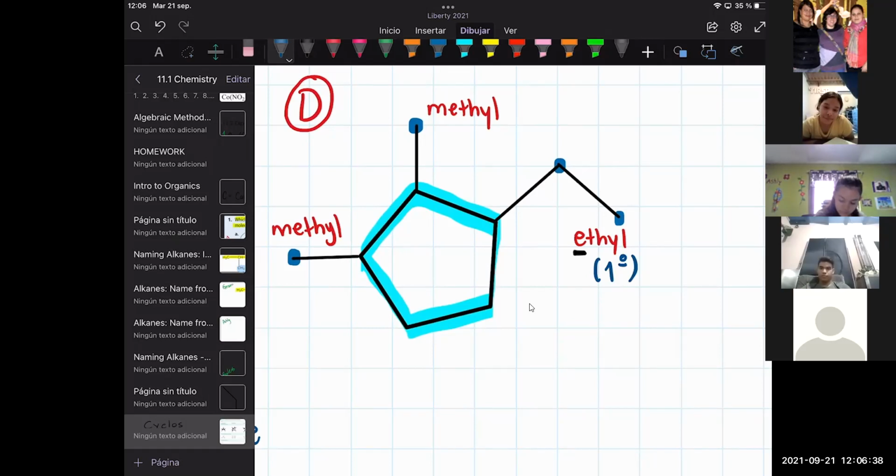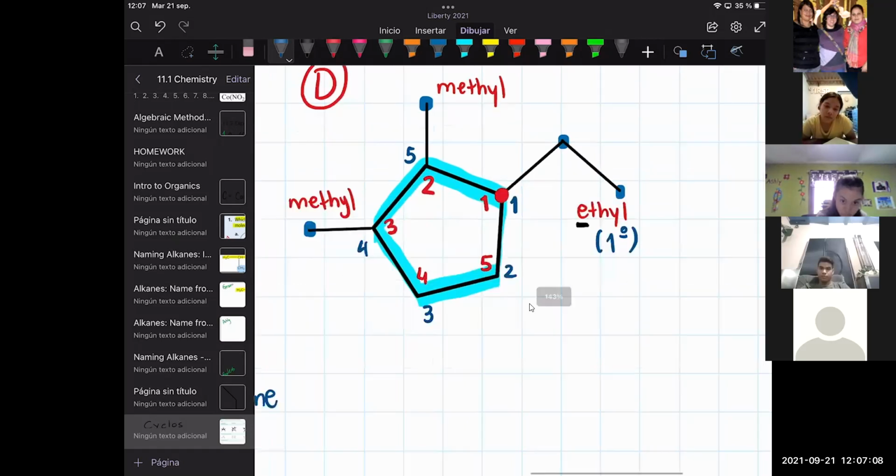Because ethyl comes first, that is going to be the first carbon. And you can start numbering the rest of the carbons like this, the red path or the blue path, 1, 2, 3, 4, 5. You have the 2 paths over there.